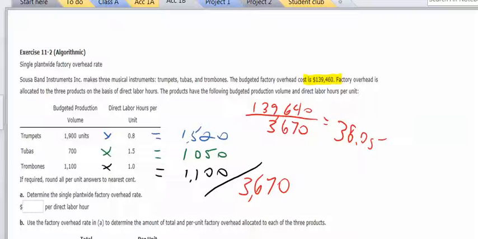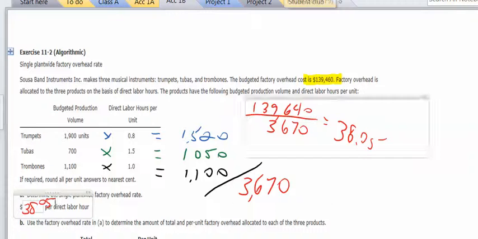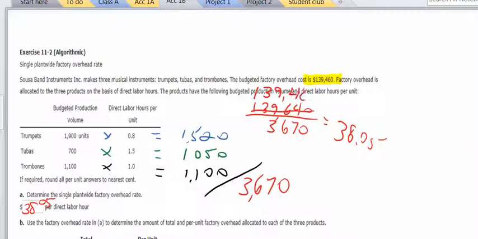I'm going to double check that calculation. Yep, that's what I get. So I'd have 3805. I transposed the number here. This number should be 139,460 divided by my total direct labor hours of 3,670, and that equals $38. So the correct answer then would be $38.